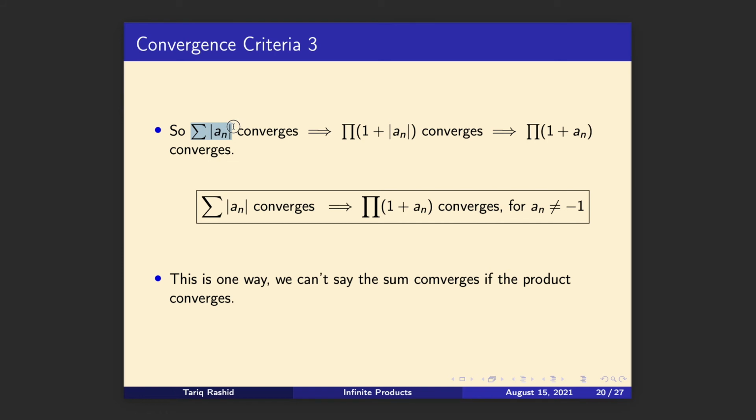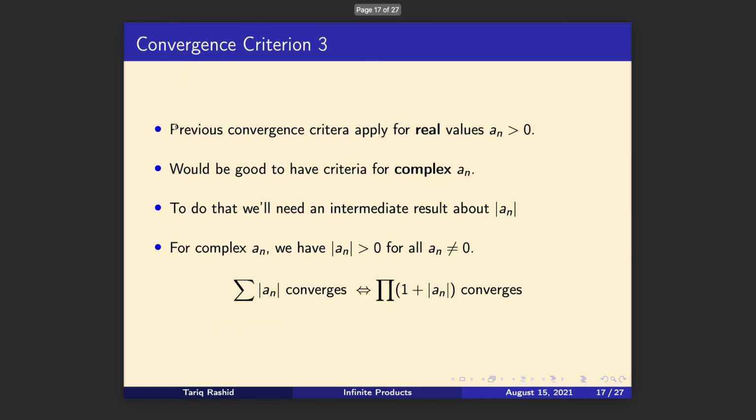If the series of absolute values of an, where it could be complex, converges, then the product of this form with an magnitude converges. Now we've just shown that, so that was the first result here, which was essentially the very first one we had.